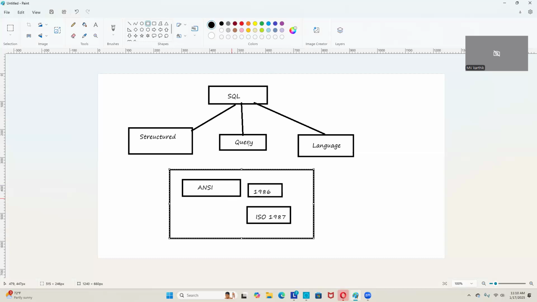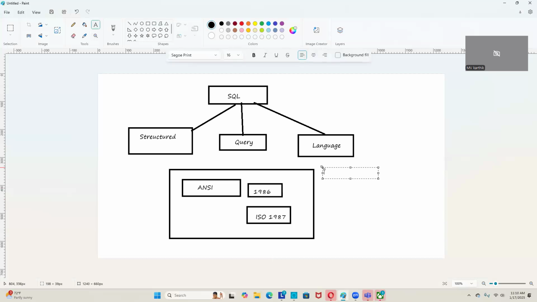Now, what is the necessity of learning SQL? For example, you are studying in a college, and in a college there are so many students. Say I started a college in the 1980s, and in 1980 I had 10 students.